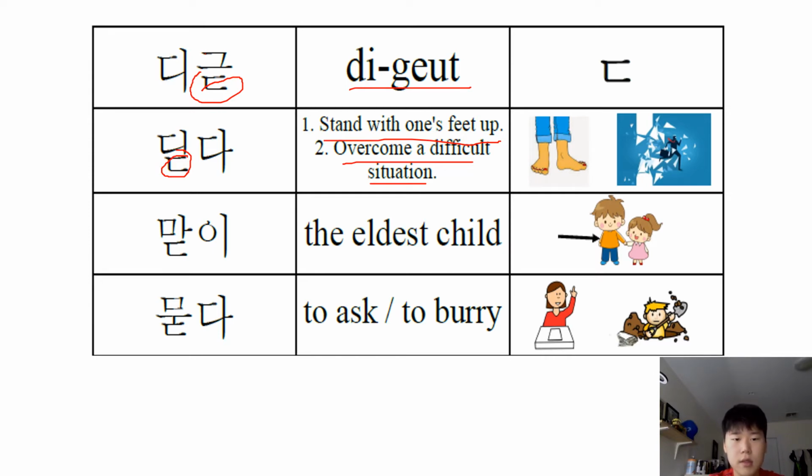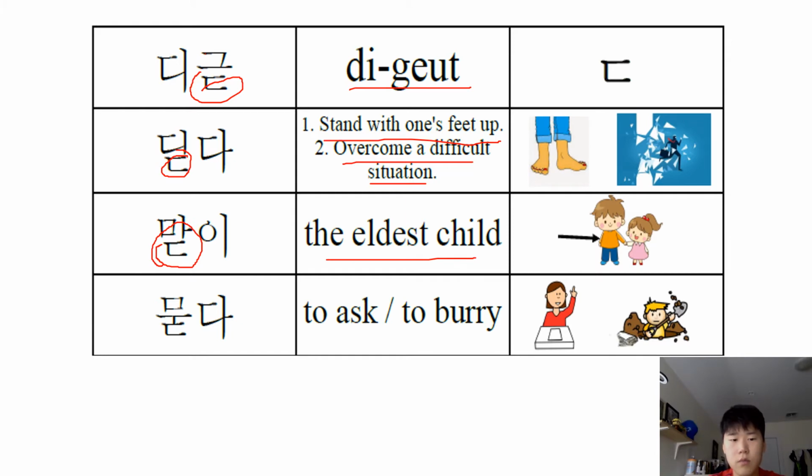Next, it's 마디, which means the eldest child. Can you find which part of the word has the 디귿 받침? Yep, the 디귿 받침 is in the first part of the word.